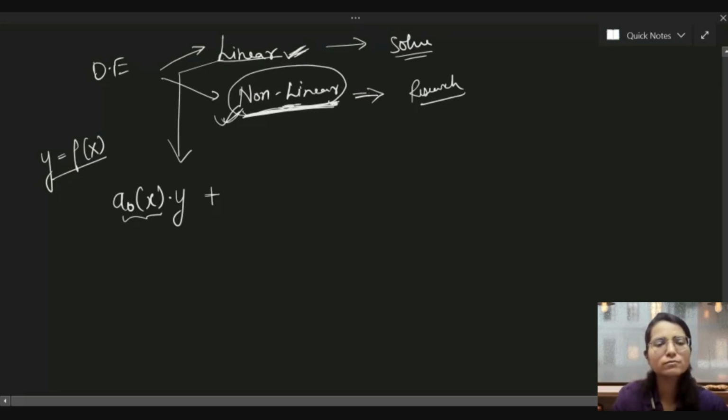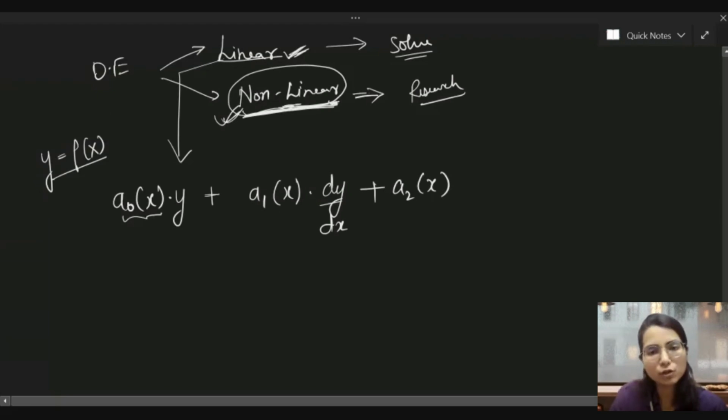That's not very important to write, because it's clearly understood that y is a function of x. Then you have the first order derivative of y, or dy over dx, multiplied by another function of x. These functions can be the same or different, but in general they are not the same. That's why we have taken a naught, a1, a2.